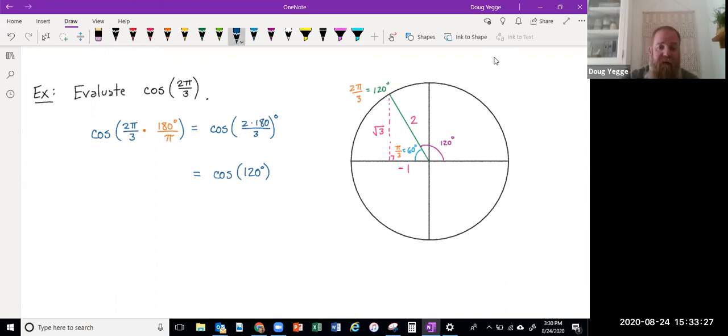So now what we're realizing is that cosine of 120 is the value of x over r from our common ratio, and therefore cosine of 2 pi over 3 is the x-coordinate of -1 over the r value of 2. And the way that we found that was first converting it into degrees. But very quickly, we want to start to not have to convert into degrees and instead know where we are so that we could still create our special triangle.